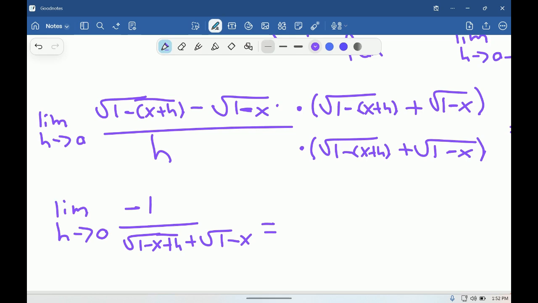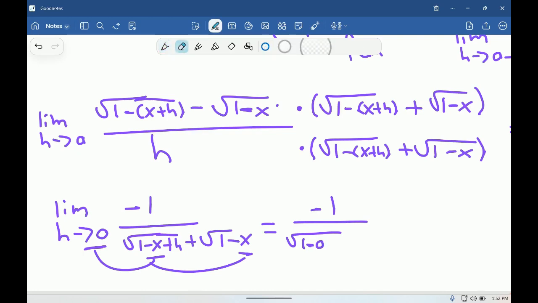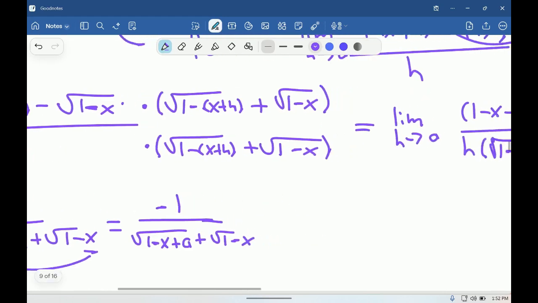And now that we've reached this part, we're going to want to apply the limit into the x's. It's going to look like 1 minus x, 1 minus 0, plus 0 plus 1 minus x.